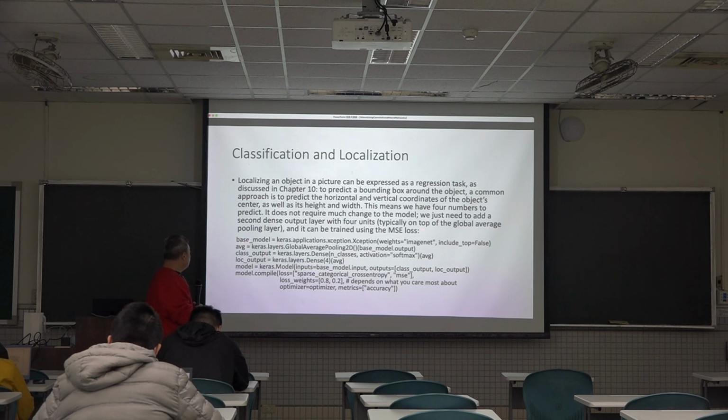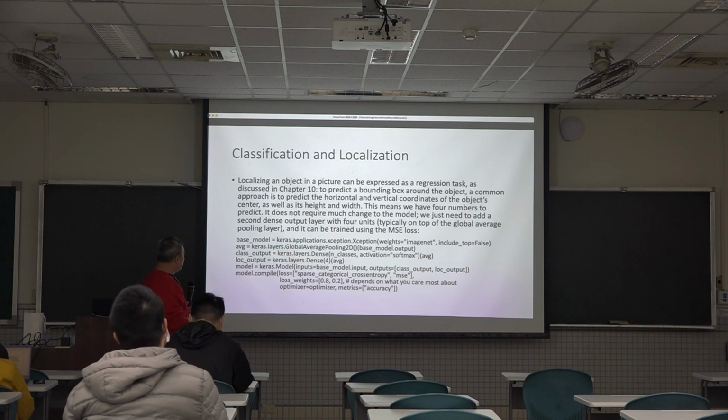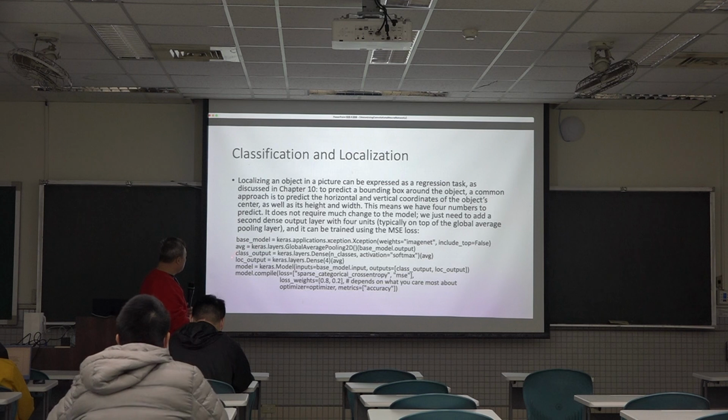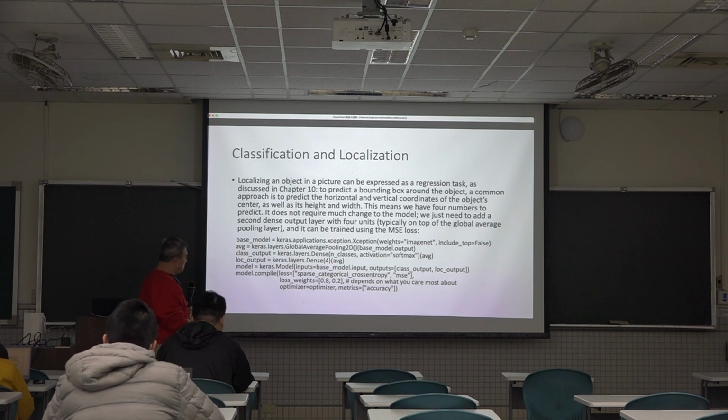For example, here, by using the pre-trained model, after you add the global average pooling, not only do you have the class output, you also have a location output, where you specify 4 neurons on top of the average layer. Because you have 2 outputs, you have 2 losses, and you have to specify your loss weights.